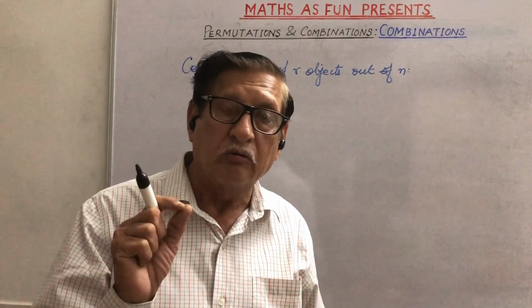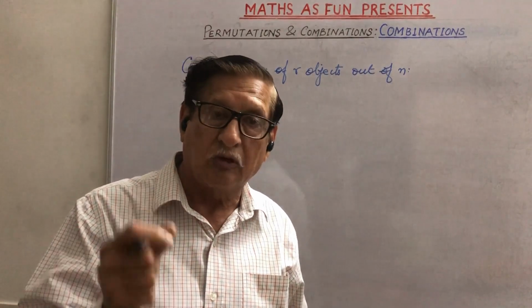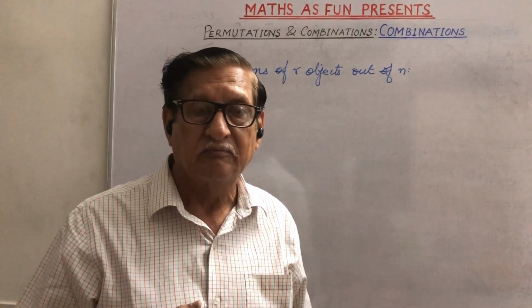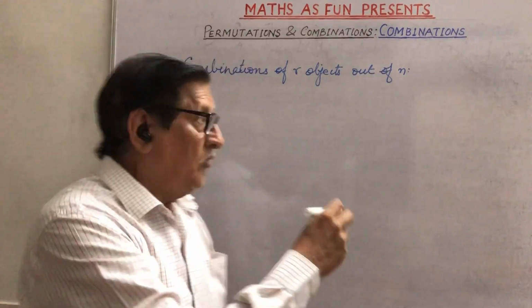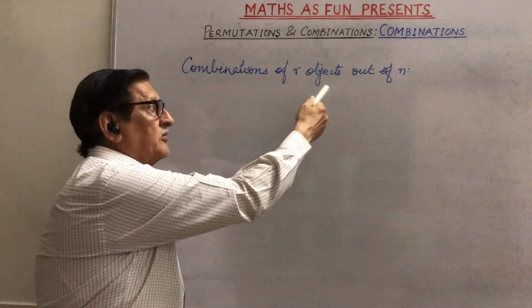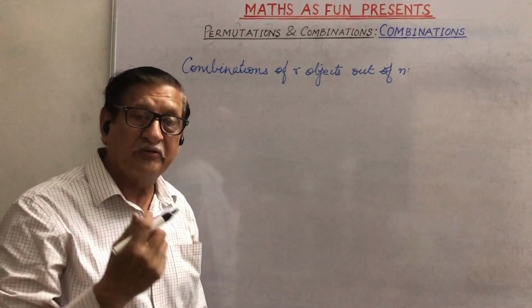Now we will learn how to calculate the value of nCr, that is the number of combinations or number of selections of r objects out of n objects. What we have to do?